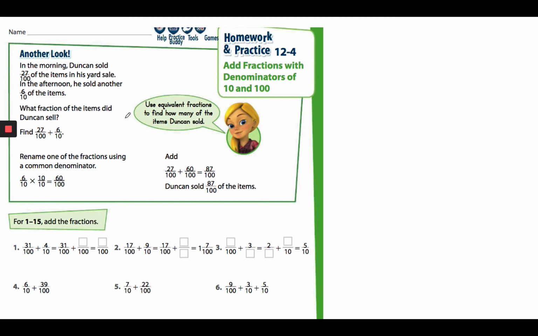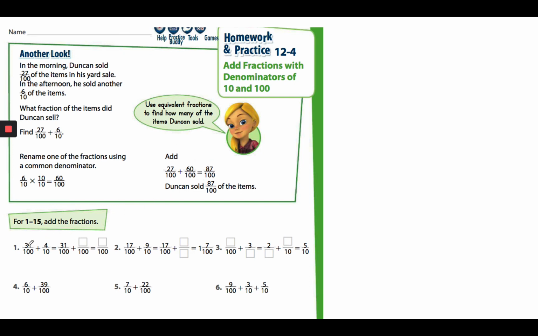So it says, in the morning, Duncan sold 27 hundredths of the items in his yard sale. In the afternoon, he sold another 6/10 of the items. What fraction of the items did he sell? So as you can see here, they kept 27 hundredths and they changed this 6/10 to 60 hundredths, and they got 87 hundredths.